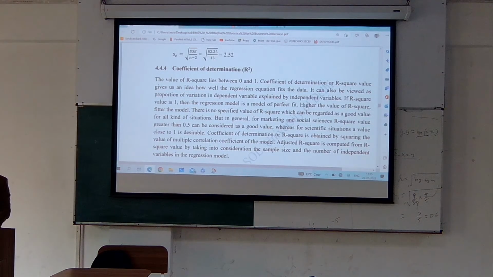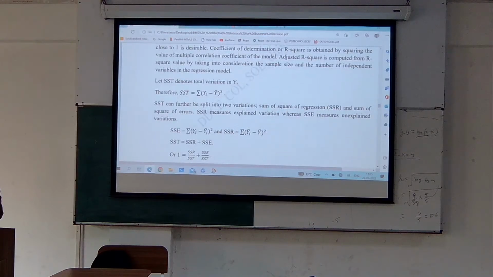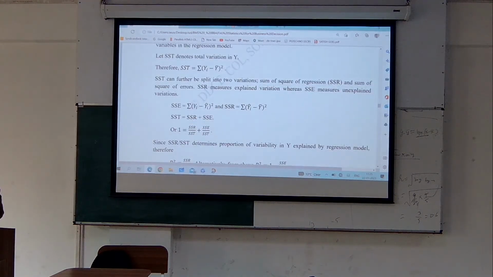Coefficient of determination you have already done in unit 3 also. So that is the square of the correlation coefficient, and its value is always 0 to 1. So you can find this because, as I already told you, total variation, sum of squares of total variation, SST. Okay, total variation in y is this, and you can divide total variation into two parts.